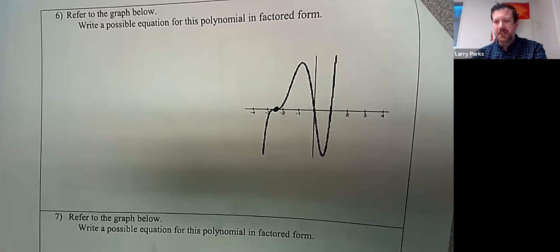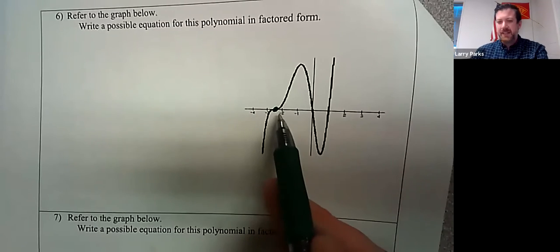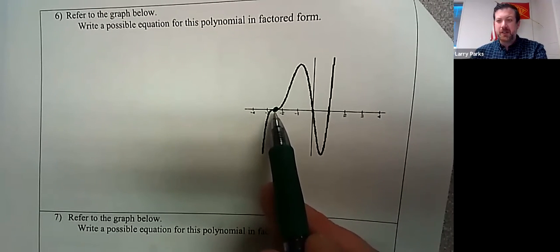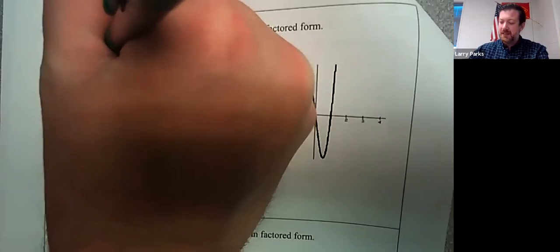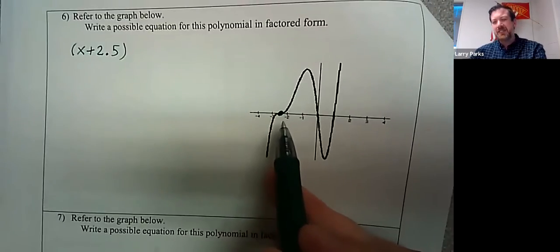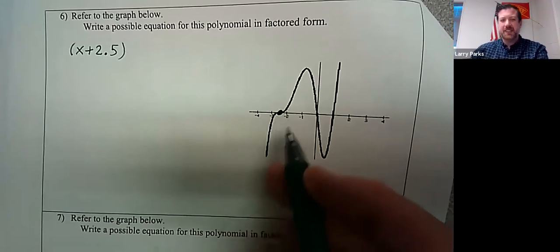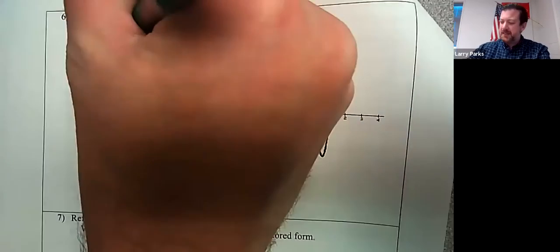And so the solution would be, I'm just guessing here, we don't know for sure, negative 2.5. So my factor would be x plus 2.5. And then I really don't know the degree, but I know it's going to be 3, 5, 7, 9, 11. I'm just going to go with 3. So we're going to put that to the 3rd power.